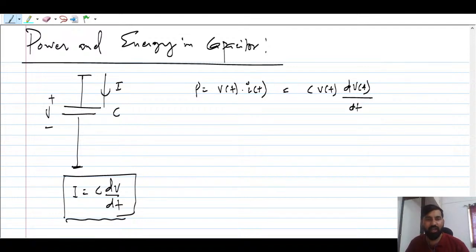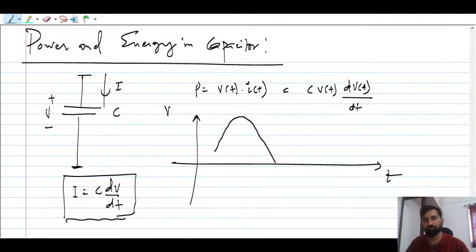It depends upon the voltage characteristic. Suppose we have a voltage curve, voltage versus time, that looks like this. This is a very basic concept that you have to learn.